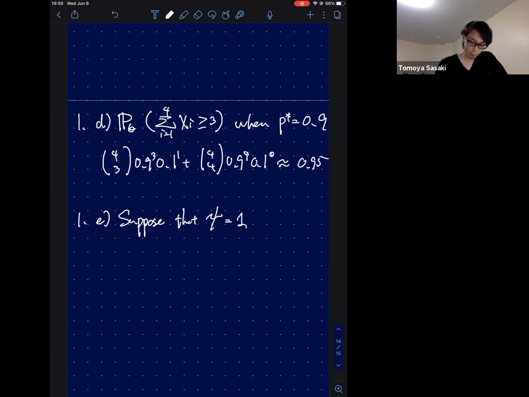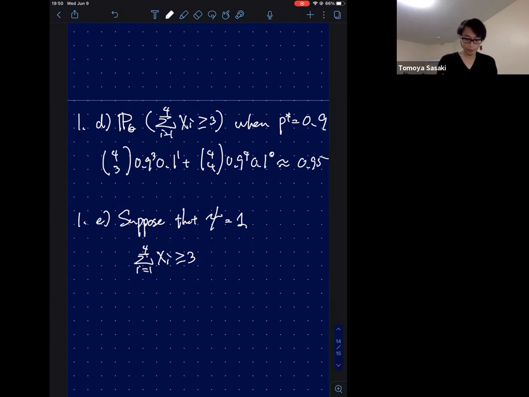Which means the data you observe already tell you that the x1s you have add up to 3 or greater.